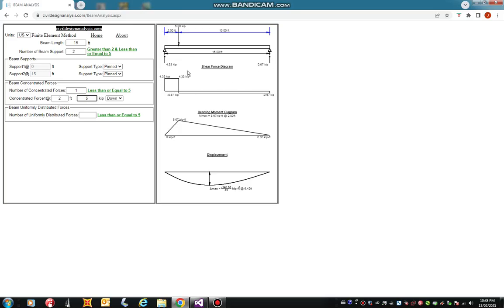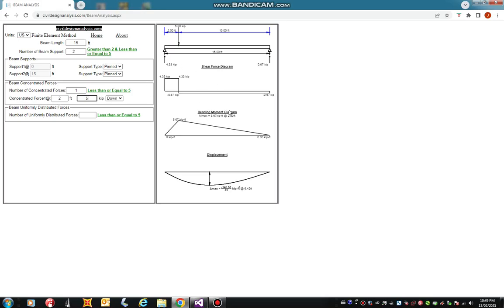Now look at the shear diagram. The shear diagram starts at the left side at 4.33 kips, which was the reaction, and then there is a constant shear, and then it goes down to 0.67, which makes sense. This is the shear diagram you have prepared.